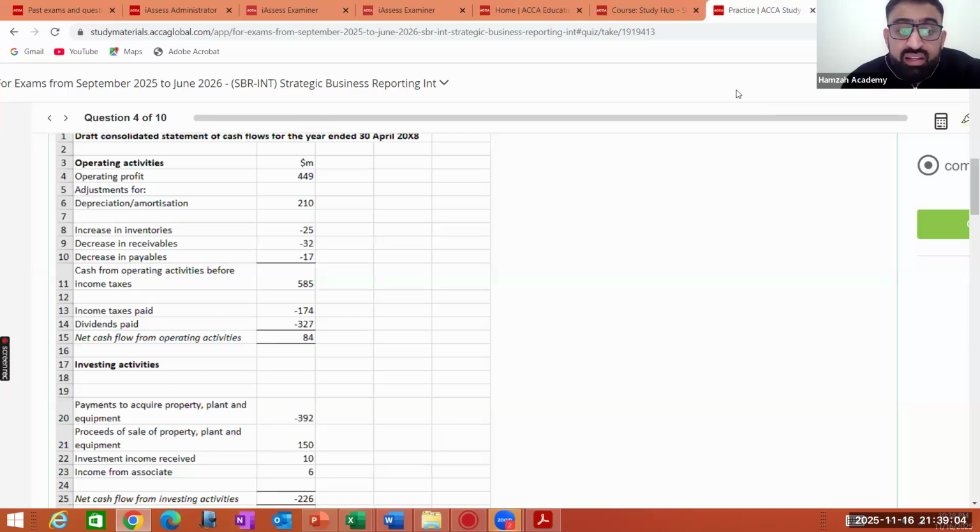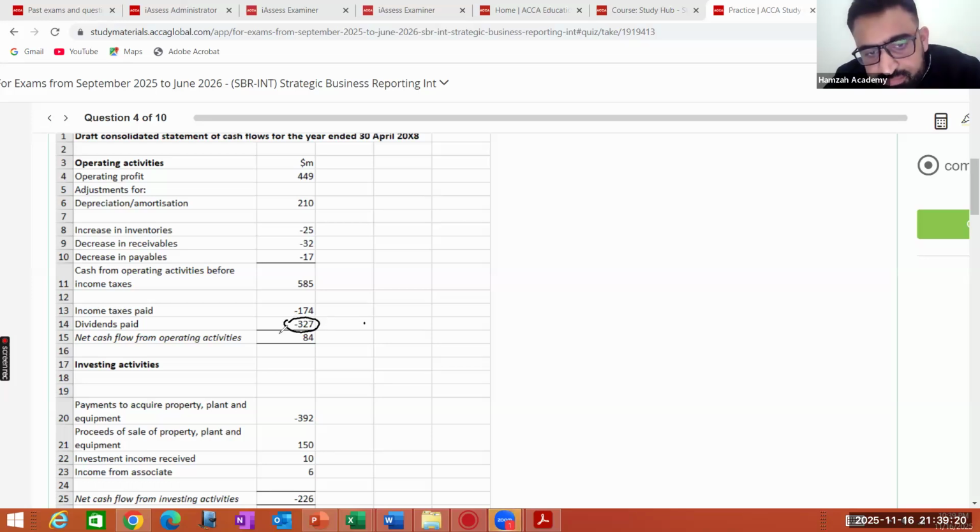Okay. One other thing which I would like to identify. Look at here. Dividend paid 327. They have shown this 327 in the operating category.